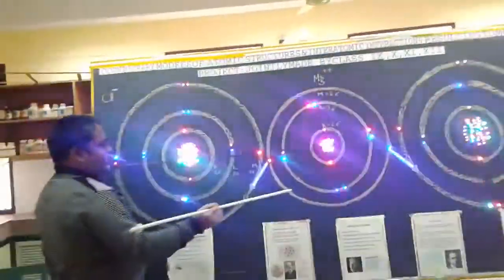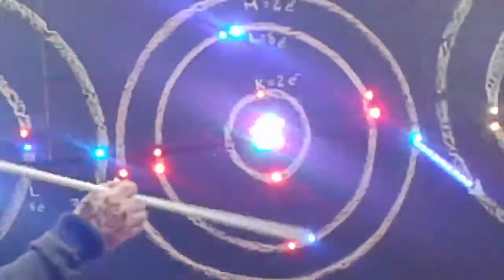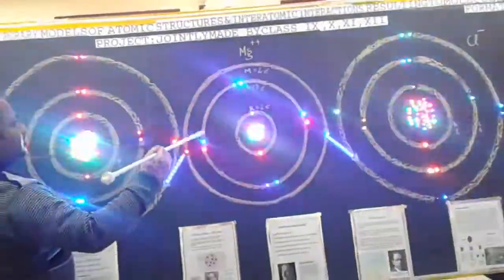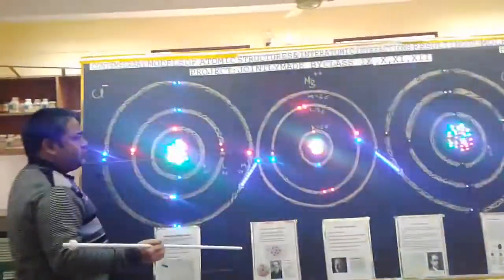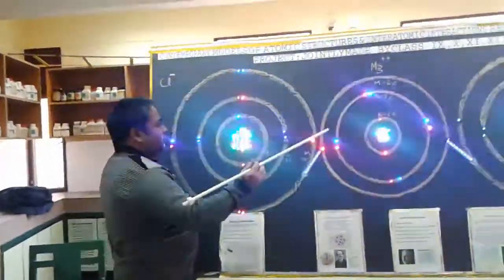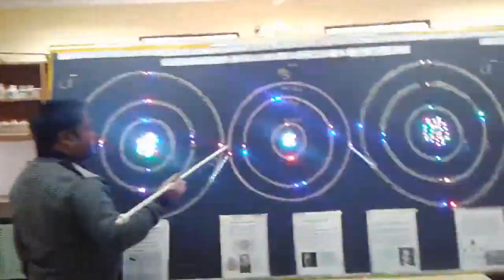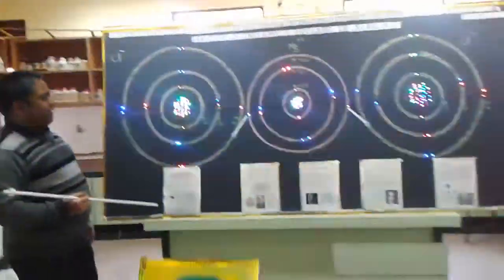So here you will find that in magnesium, 2 electrons as usual are in the first orbit, 8 electrons as usual in the second orbit, and 2 electrons in the third orbit, M. Now it is difficult for magnesium to take 6 electrons to complete its octet. So what it does is, it gives its 2 electrons to 2 adjacent chlorine atoms, so that they can form chloride ions.